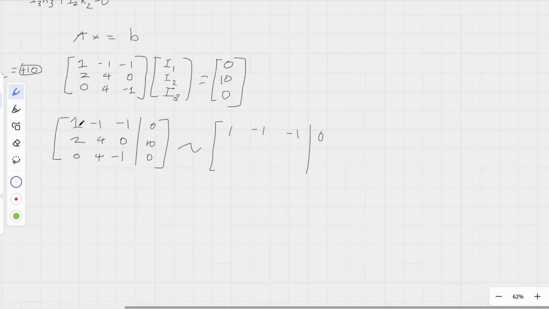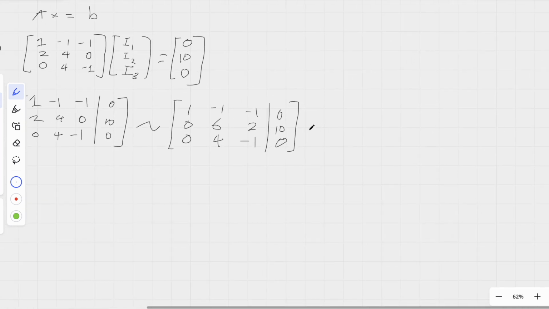Here, negative 2 times 1 is negative 2, you add it, so this will be 0. This one will be 6. This one will be 2. And this will be 10. And this last row remains the same.